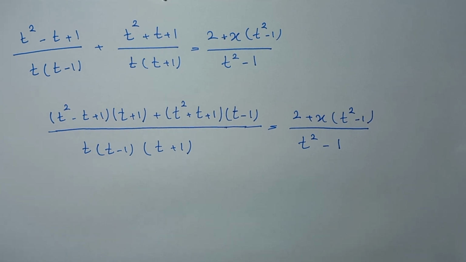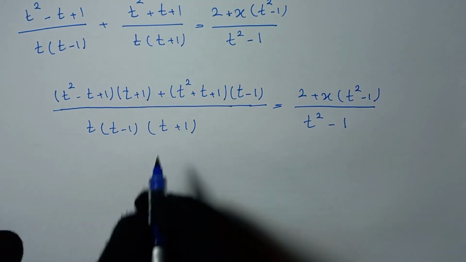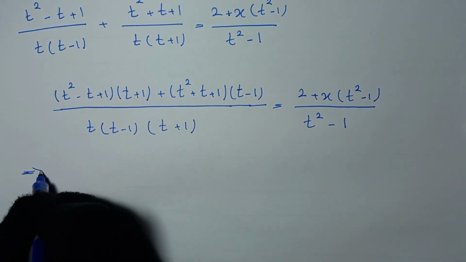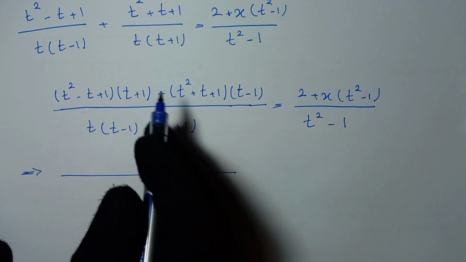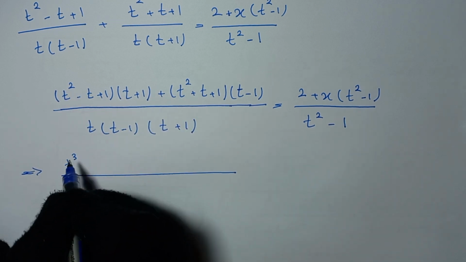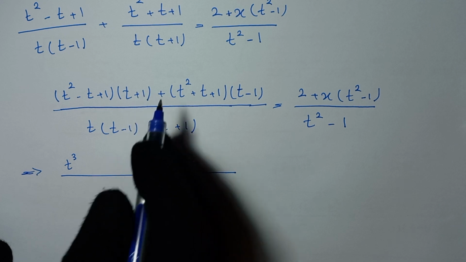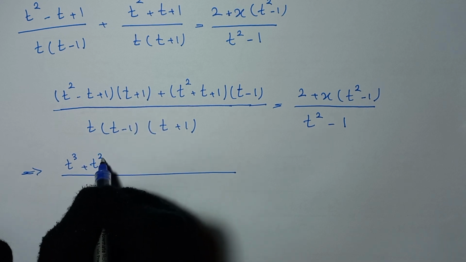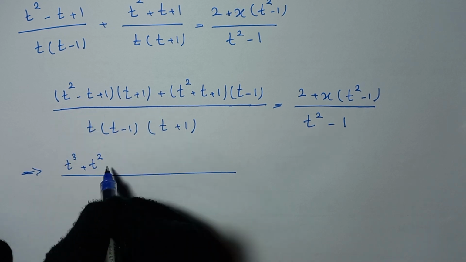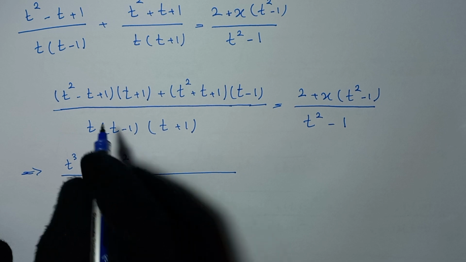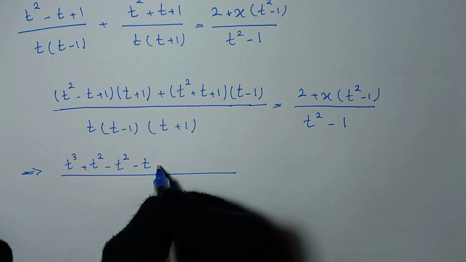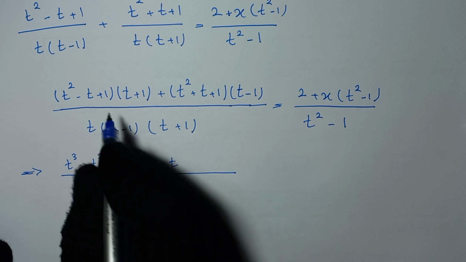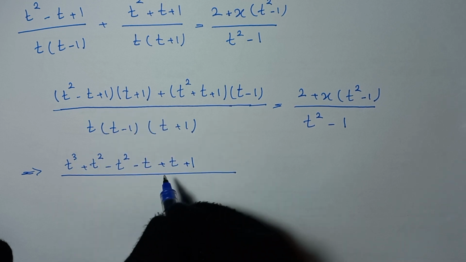So in here this is equal to t squared times t, it will be t cubed. t squared times 1, it will be t squared, and negative t times t, it will be negative t squared. Negative t times 1, it will be negative t, and 1 times t is t, and 1 times 1 is 1.